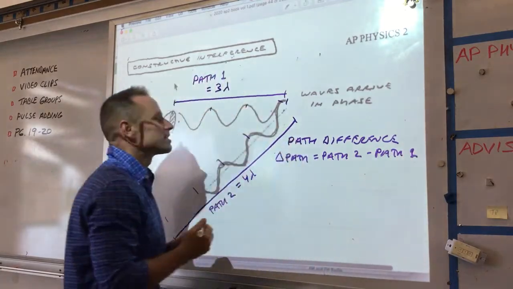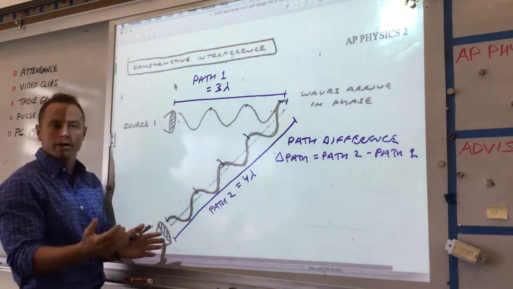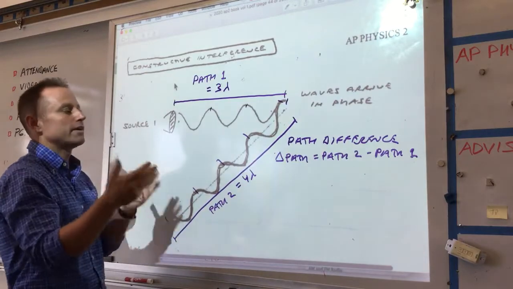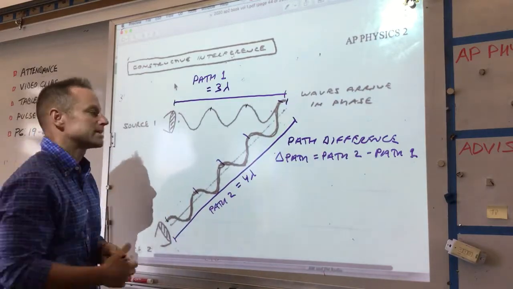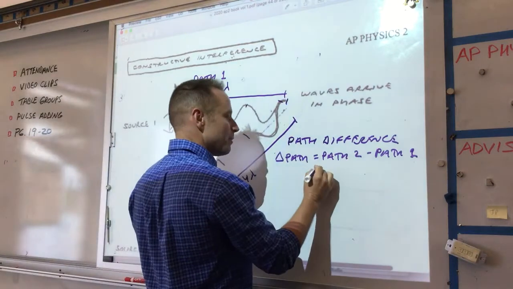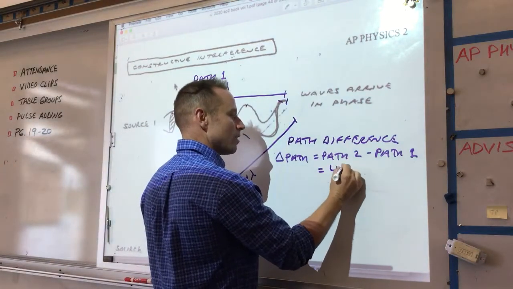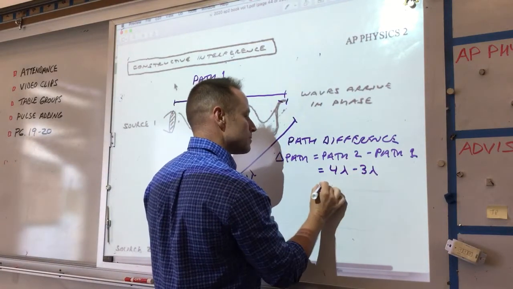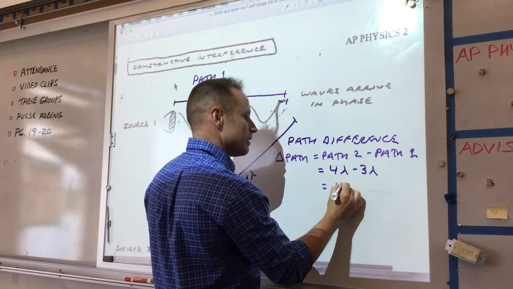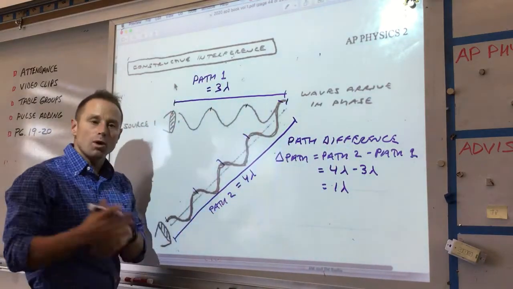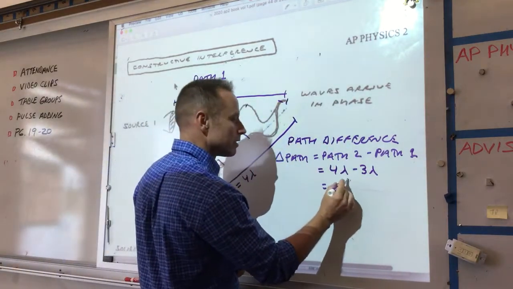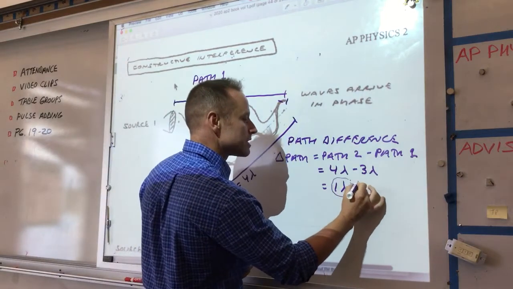Okay, the path difference is how much farther one wave had to go than the other. That's the most plain English way to say it. Well, also path 2 minus path 1 is going to be 4 lambda minus 3 lambda. So it turns out it's just 1 lambda. So the path difference is exactly 1 wavelength, and it's going to be loud. Okay, so for loud sound.